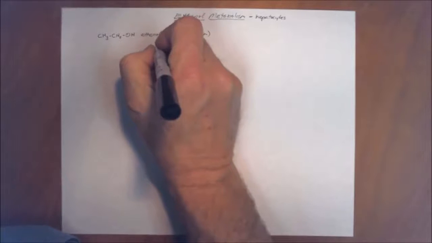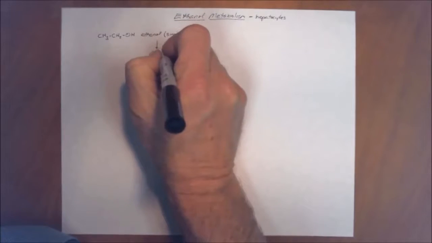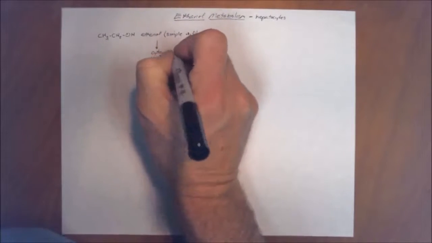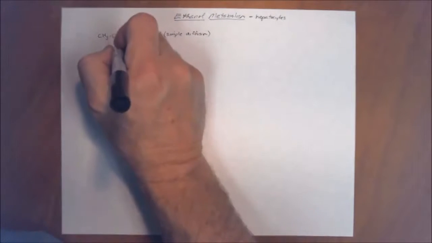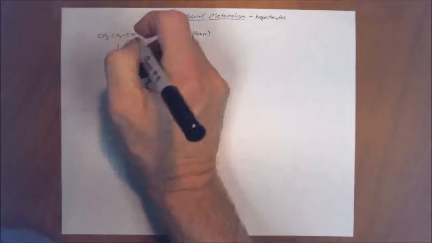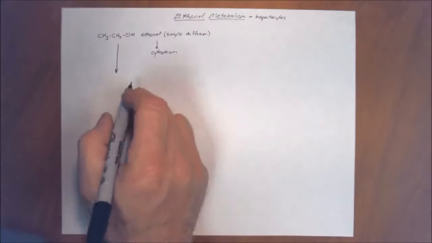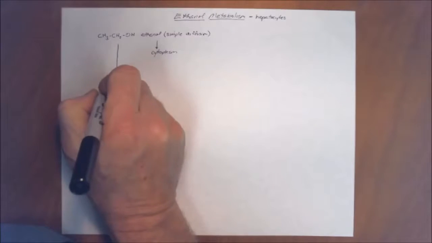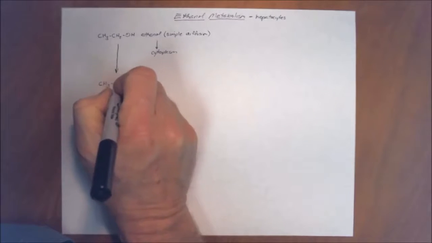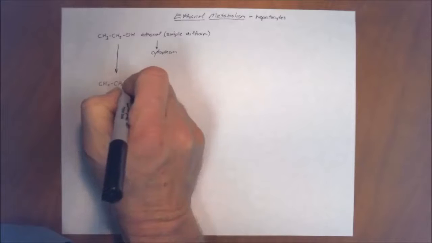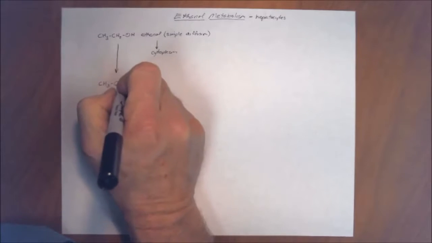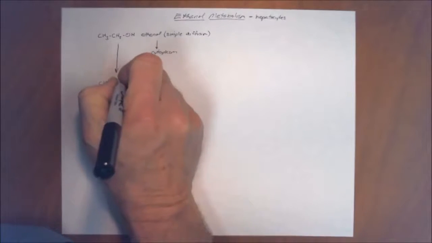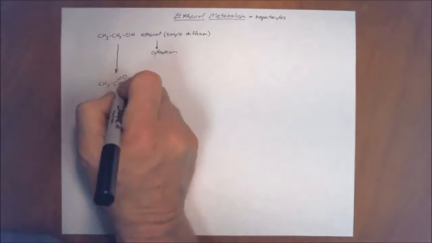and enters the cytoplasm for the first reaction of ethanol oxidation. So the first reaction is to take the ethanol molecule and to oxidize at this carbon. And we are now generating an aldehyde.